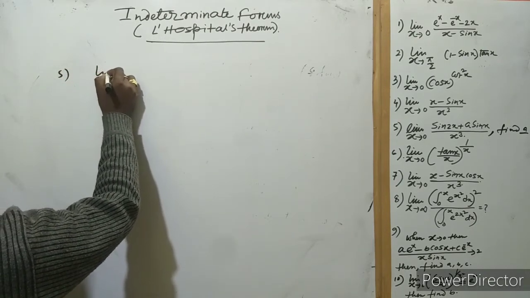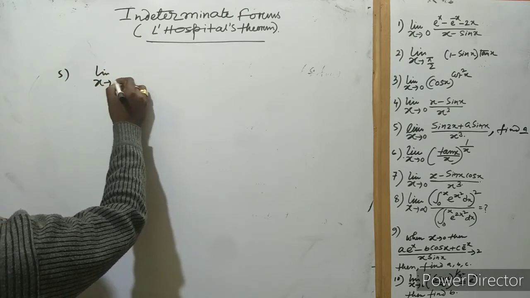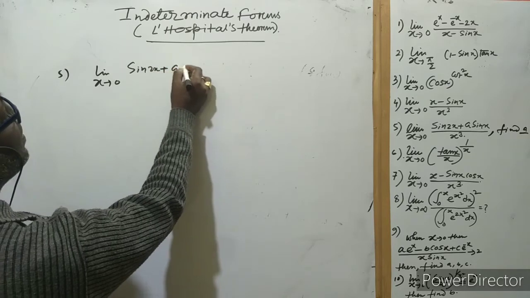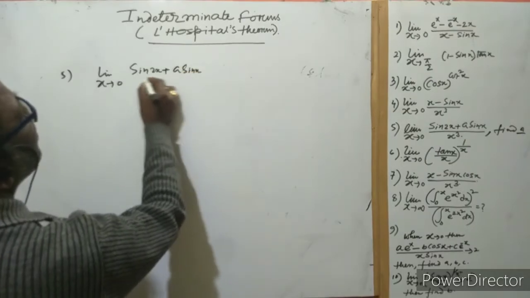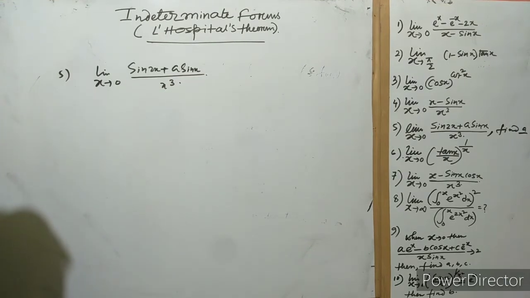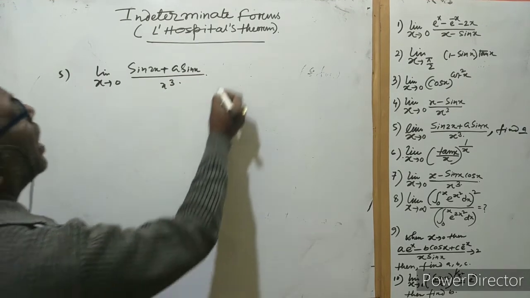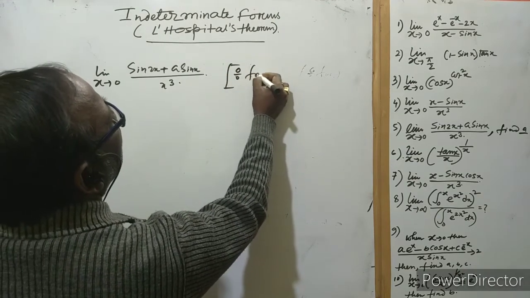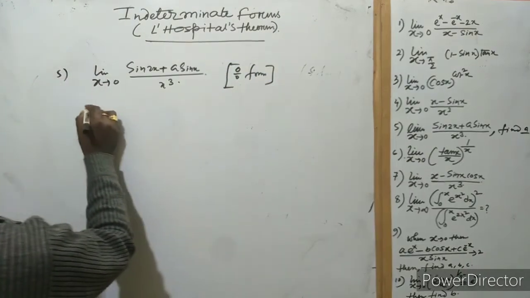Important question. This is limit x tends to 0, (sin 2x plus a sin x) by x cube. See, this is a 0 by 0 form. This is the indeterminate form.